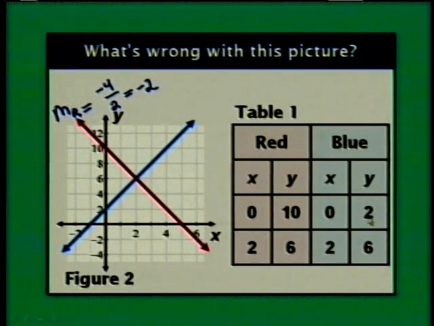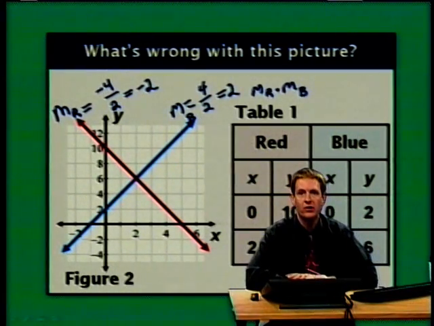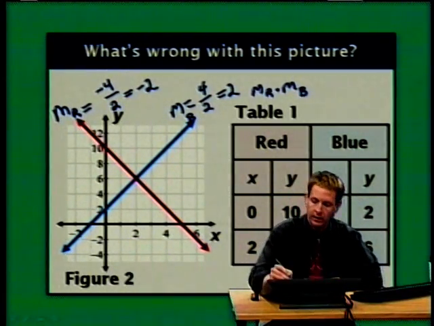From the first point to the second point, the run is +2, the rise is +4. So the slope of the blue line is +4 over +2, which is +2. If these two lines were really perpendicular, the slope of the red line multiplied by the slope of the blue line would result in -1.